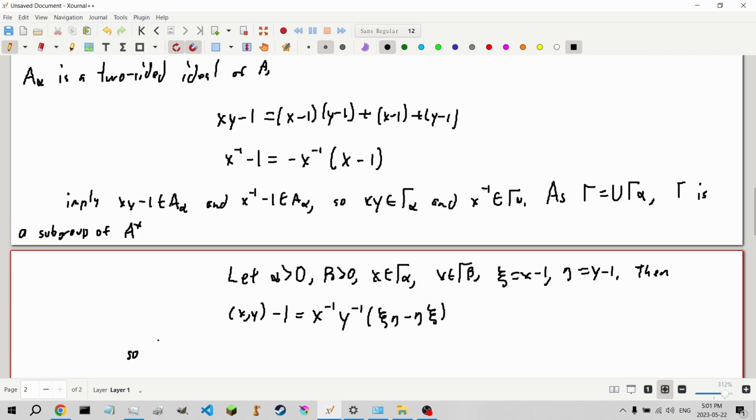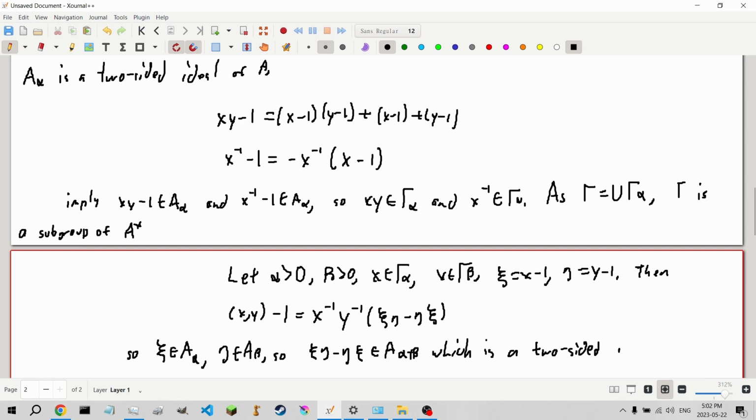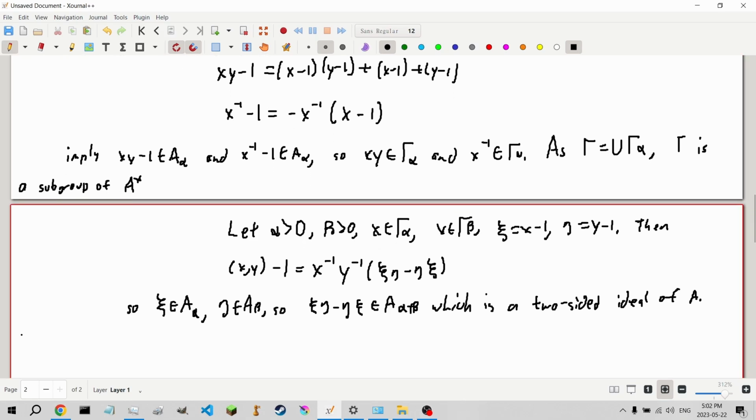So you know that c is in alpha A and eta is in alpha B. So x c alpha minus alpha x c is in alpha A plus B, which is a two-sided ideal of A. Thus, the commutator xy minus 1 lies within A of alpha plus beta.